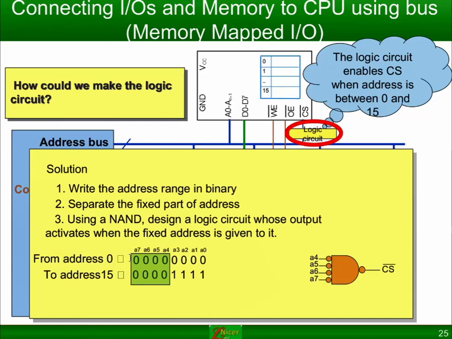From address 0 to address 15, the 0 terms are a single one and the others are a single one. These work like the AND gate, in which when both the inputs are 1, the output is 1, otherwise the output is 0.